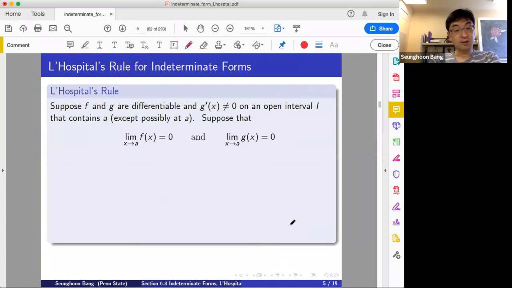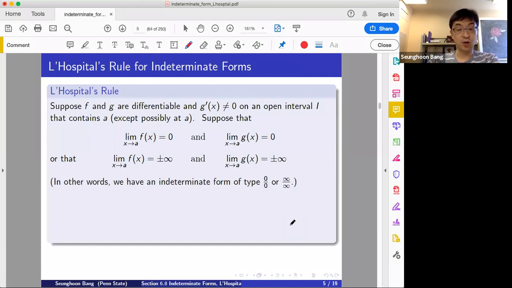Suppose that the limit of f of x is 0 and limit of g of x equal to 0, or limit of f of x is going to plus or minus infinity and limit of g of x is going to plus or minus infinity. So in this case, we have type 0 over 0, infinity over infinity.